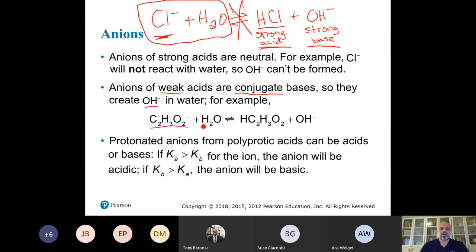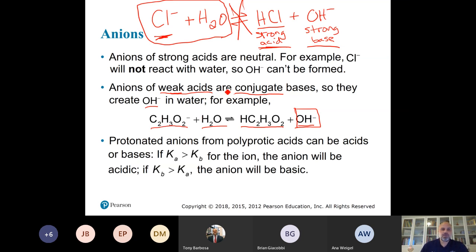It can react with water, transfer one of the protons, become acetic acid, and that acetic acid is then accompanied by the conjugate base hydroxide ion. So you can see, simply by dissolving the acetate ion in water, we're able to produce small quantities of base in solution. So by producing small quantities of base in solution, any anion of a weak acid is going to be slightly basic.